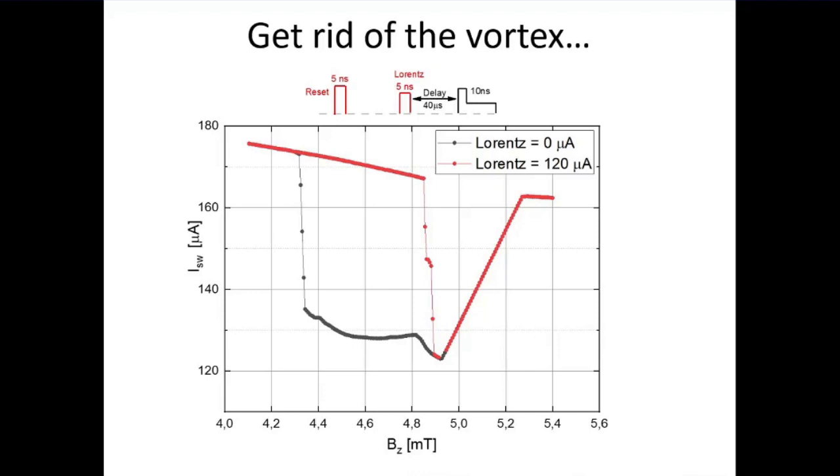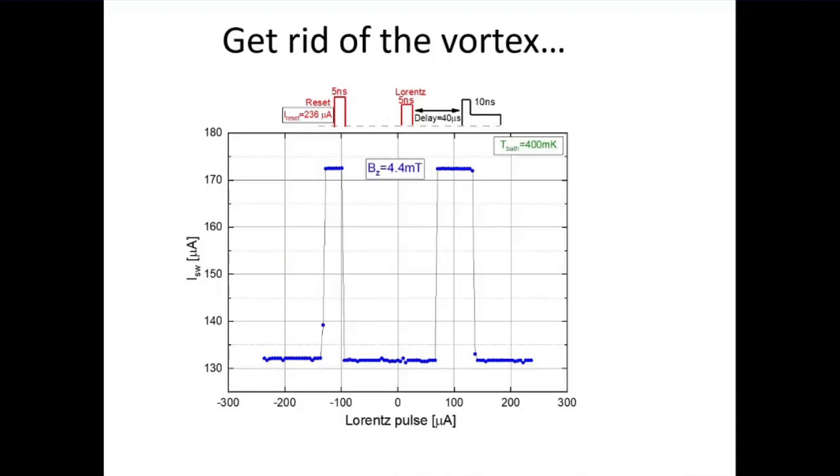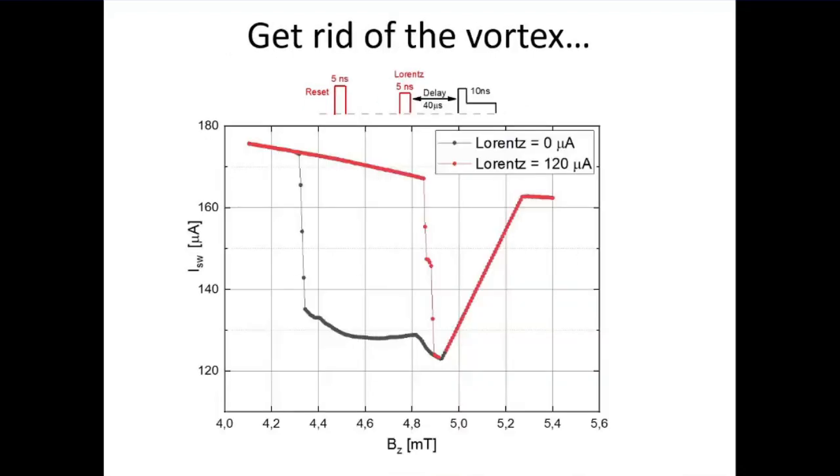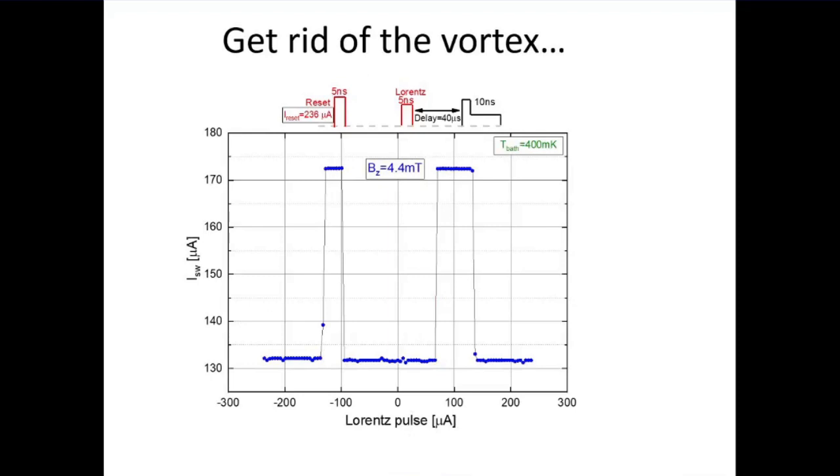So now we can scan at a fixed magnetic field. We fix the magnetic field at 4.4, in the region of this dip, and we ask the question: how high should this pushing current, the Lorentz pulse value, be to get rid of the vortex?